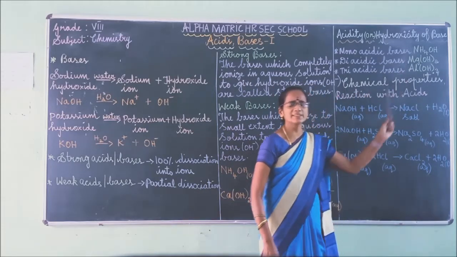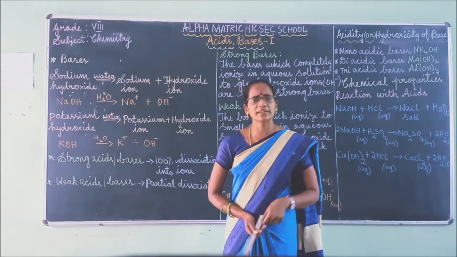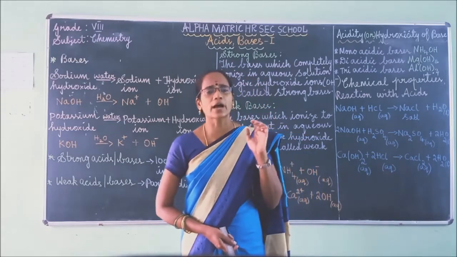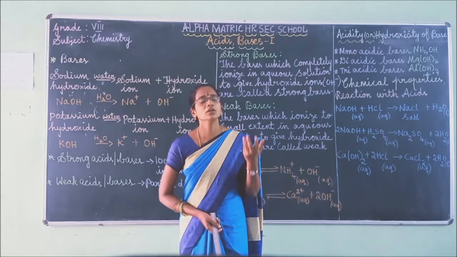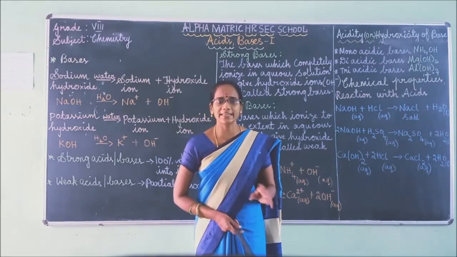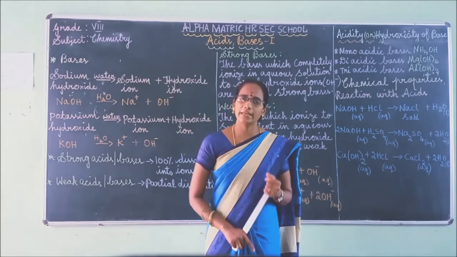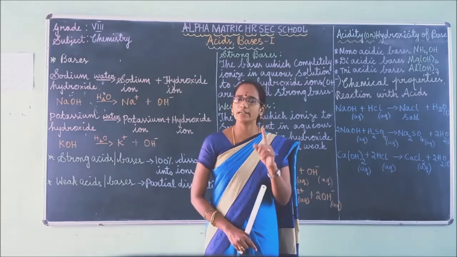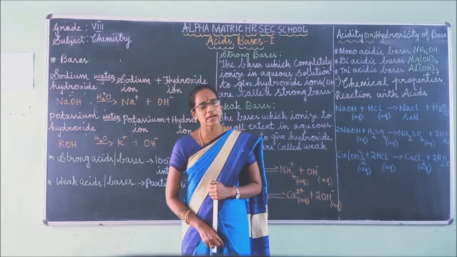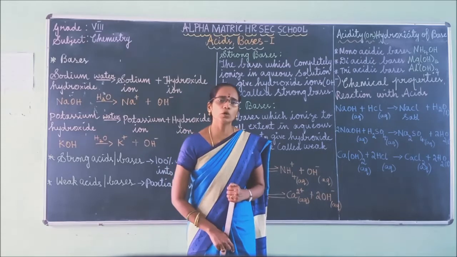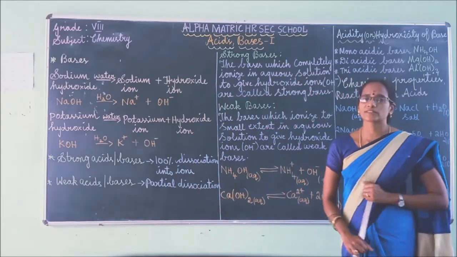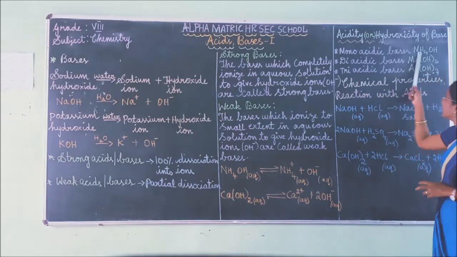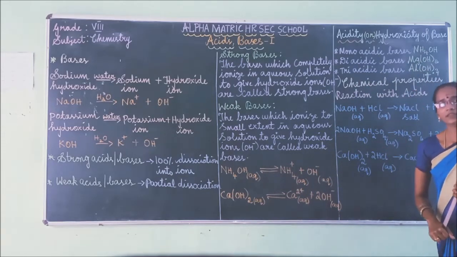Monoacidic base means the base which contains only one hydroxyl ion. For example, sodium hydroxide, potassium hydroxide, ammonium hydroxide.